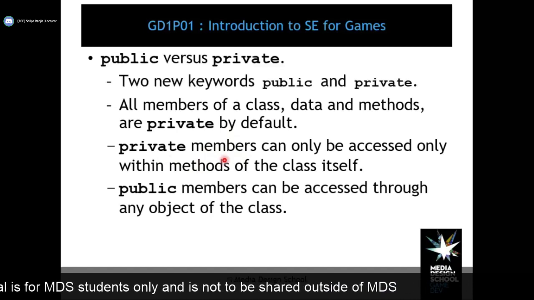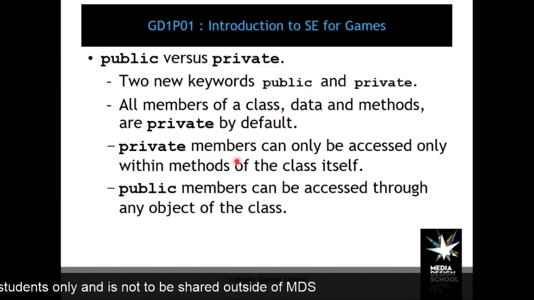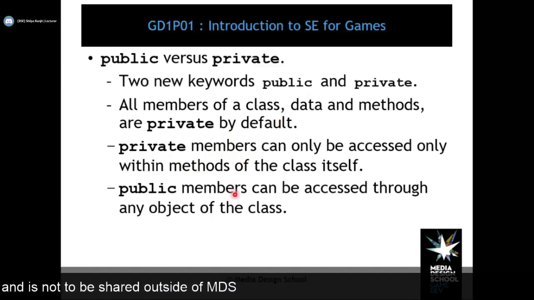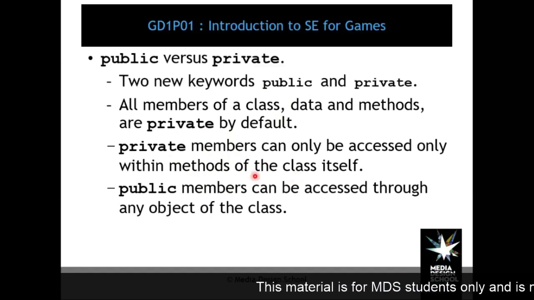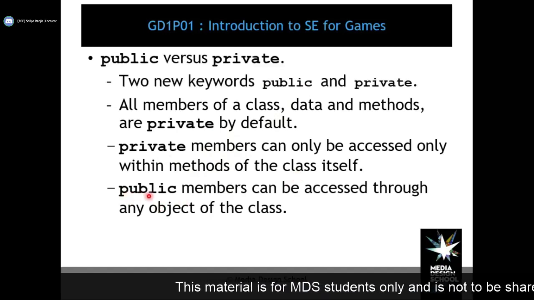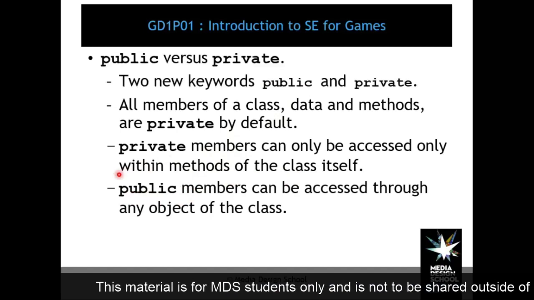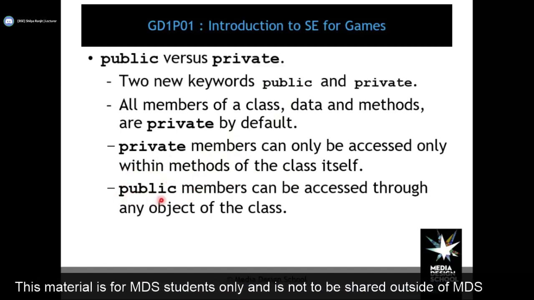If you don't mention any public, all the member functions also become private by default. When I say members, it's including the data and the methods. All of them become private by default. If you want these to be accessed from outside the class, you need to mention the public access specifier over there.